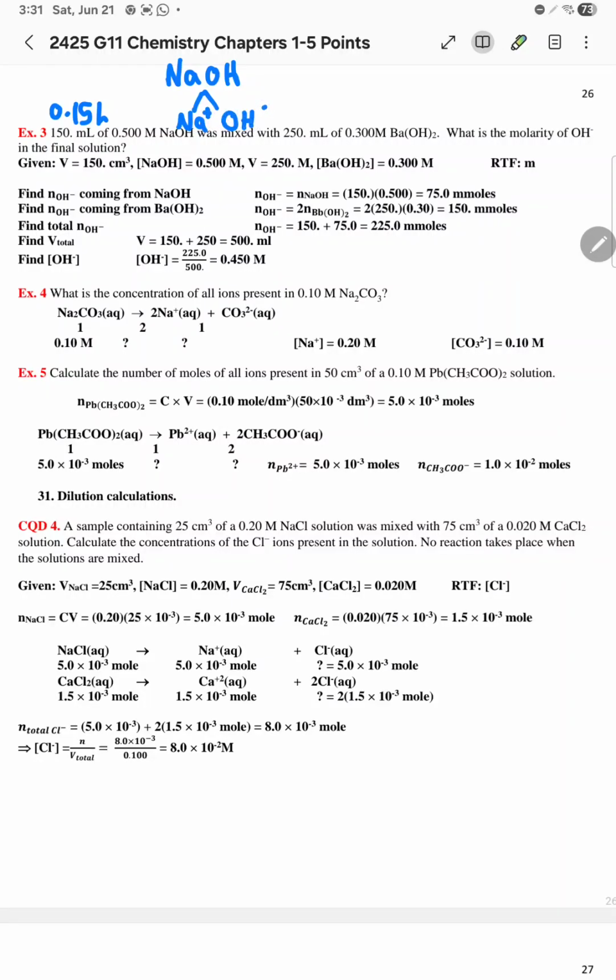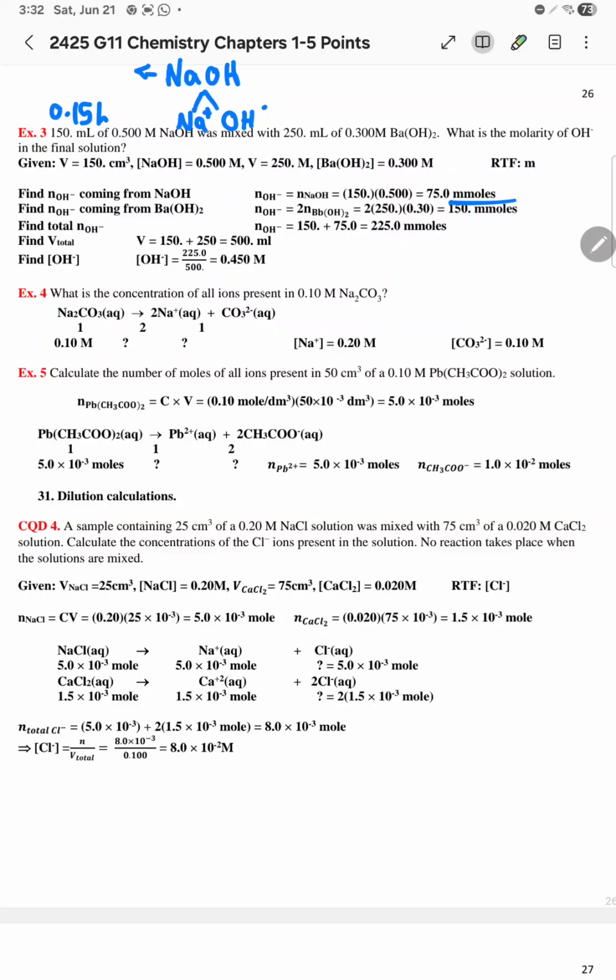What we already know from a previous question is the number of moles in this is the same as the number of moles in each ion multiplied by the coefficient. So here you have 0.15 times 0.5, or 150 times 0.5. I don't know why they kept it in millimoles here. I'd prefer to put it in normal moles.